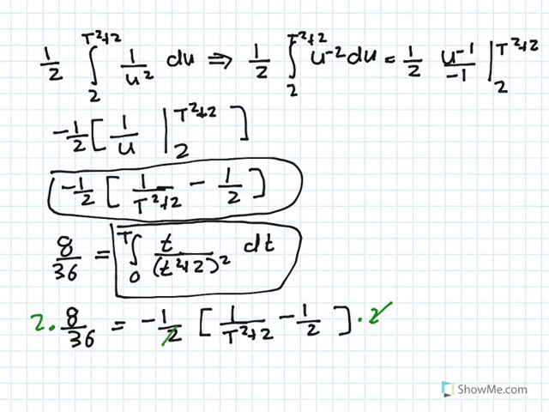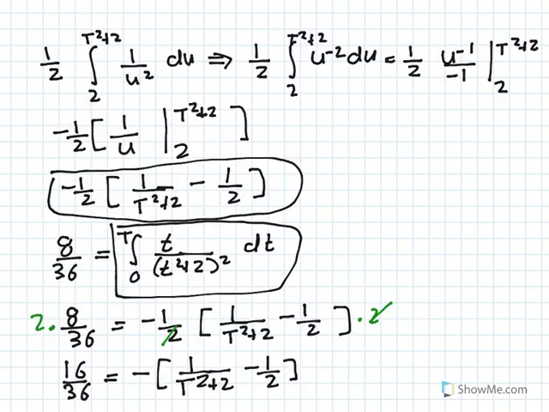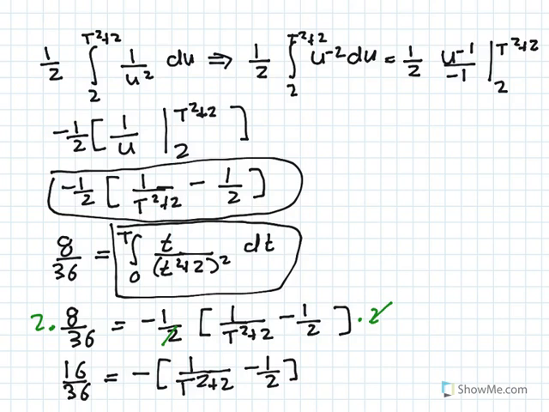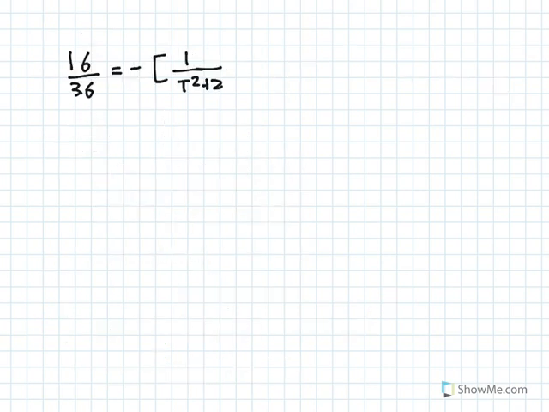The 2 cancels here, and we're going to get 16 over 36 is equal to minus 1 over t squared plus 2, minus 1/2.